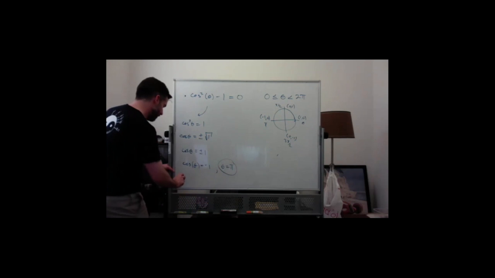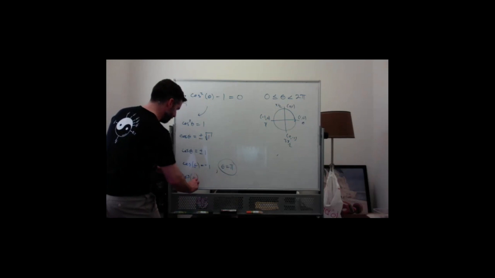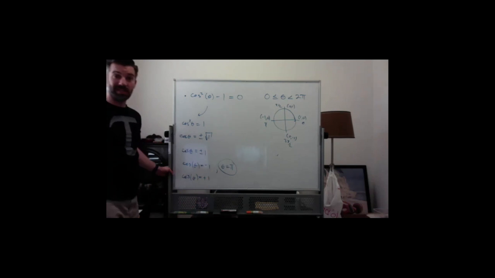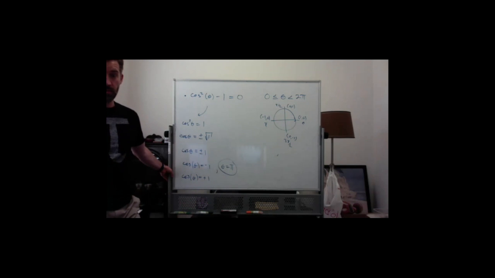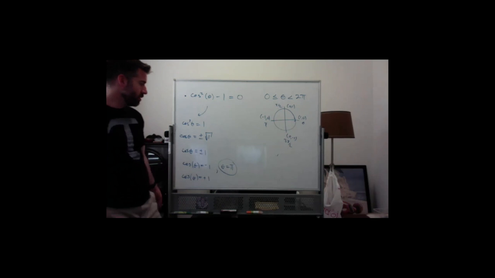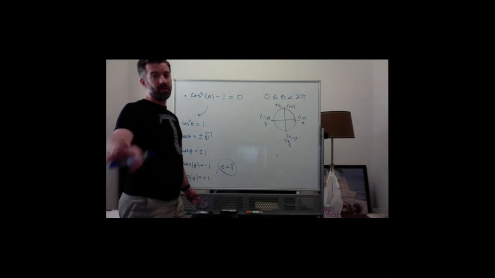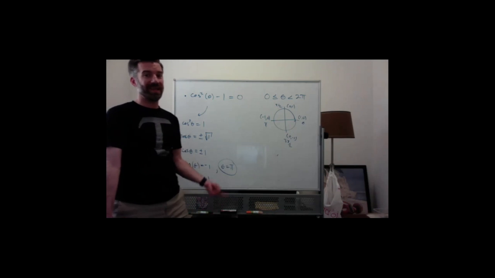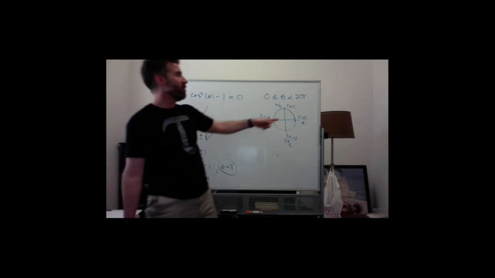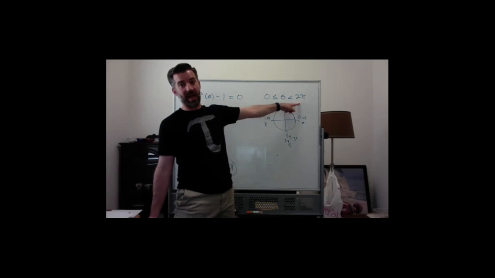Okay, what about cosine equal to positive 1? What angle is that? Well, we know it's pi. So Sean and Adrian, you're both on the right track, except 2 pi actually isn't an angle that's allowed the way we've written it.